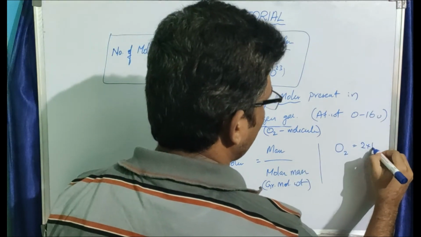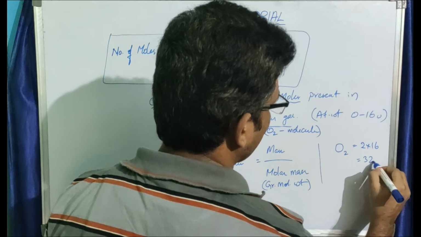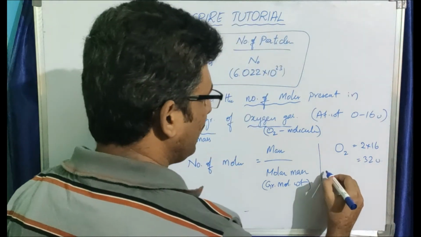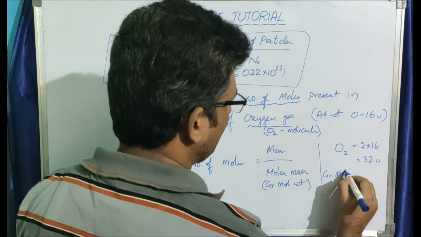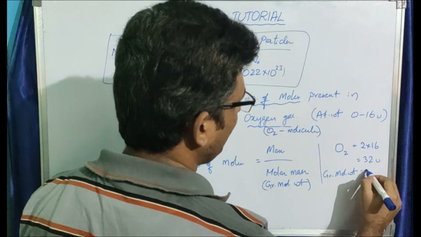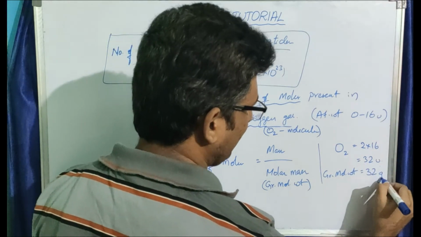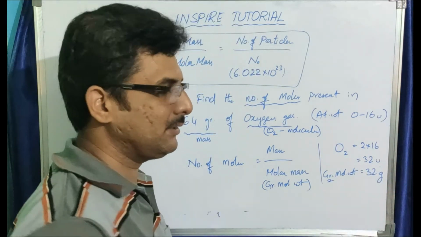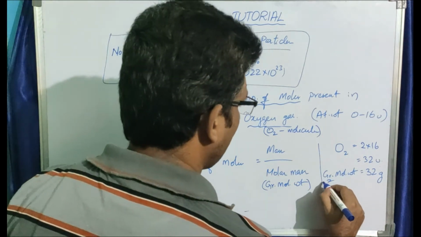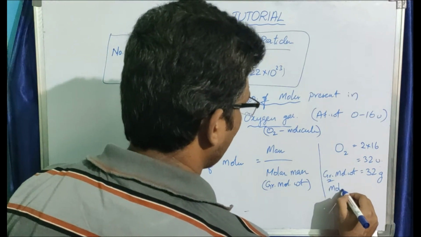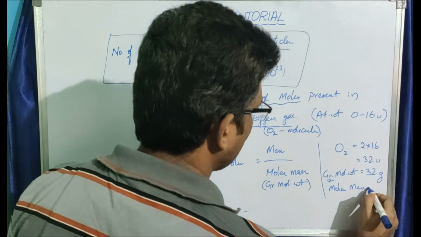So it will be 2 into 16, that is 32 units. So the gram molecular weight of oxygen will be 32 grams. We will take it in grams, that is molar mass. This gram molecular weight is nothing but molar mass.